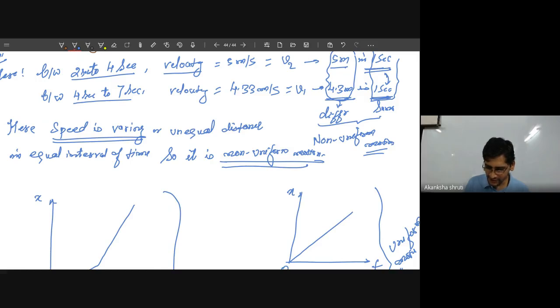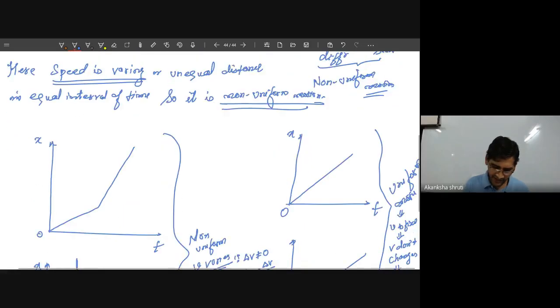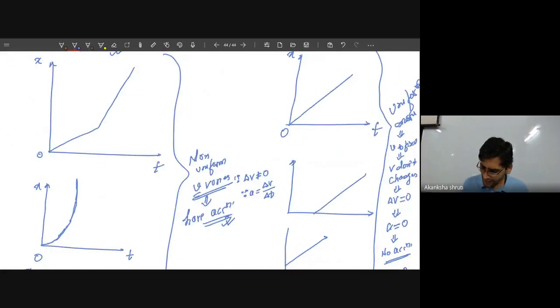If it is not a single inclined straight line, then it will be non-uniform, like in this case. And if it is a straight line inclined at a certain angle with the time axis, then it is uniform. So in non-uniform motion we have acceleration, but in uniform motion we do not have acceleration. We have fixed speed, we do not have acceleration.